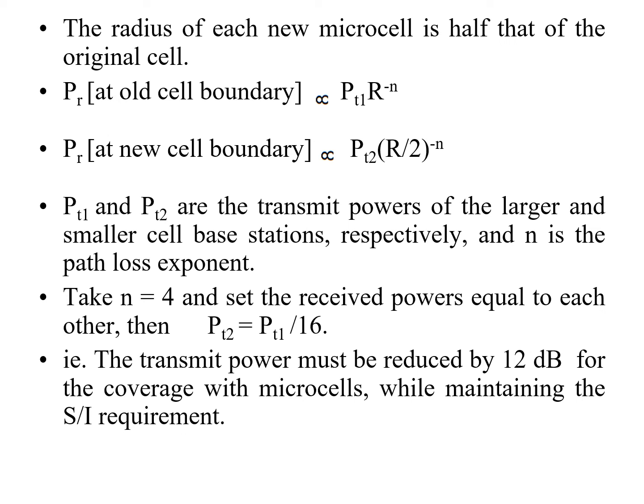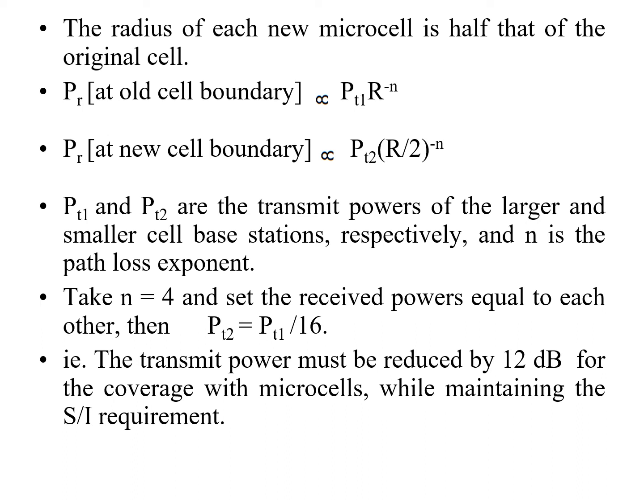The power received at all cell boundaries is proportional to PT1 times R to the power of minus n. Power received at a new cell boundary is proportional to PT2 times R by 2 to the power of minus n. PT1 and PT2 are the transmit powers of the larger and smaller cell base stations respectively, and n is the path loss exponent.